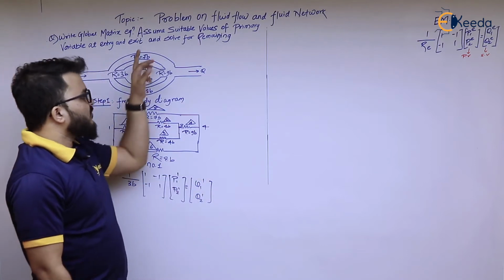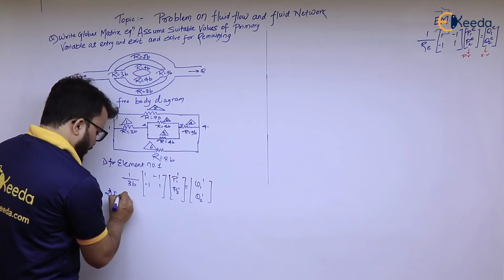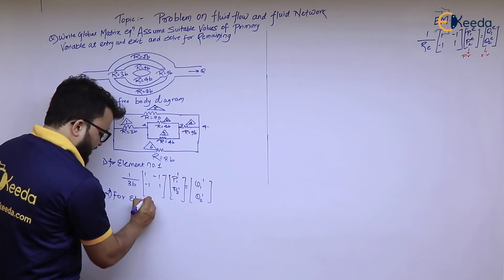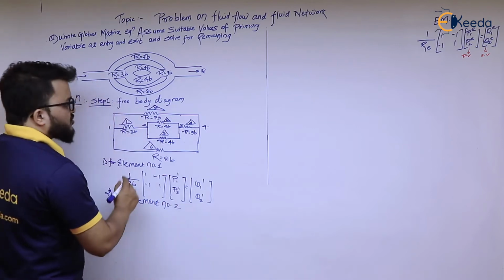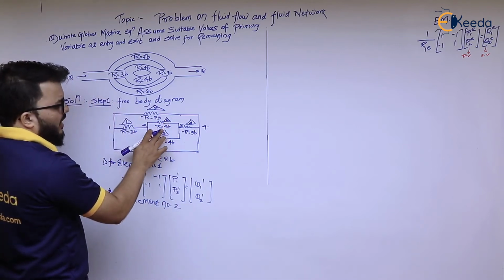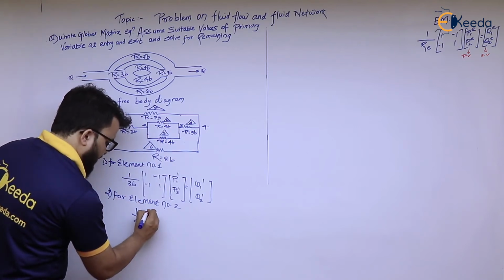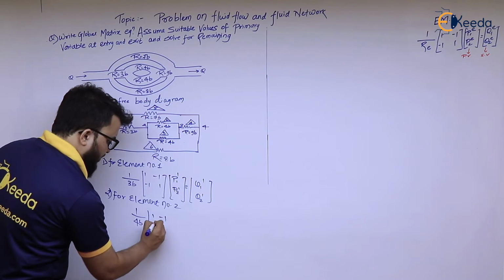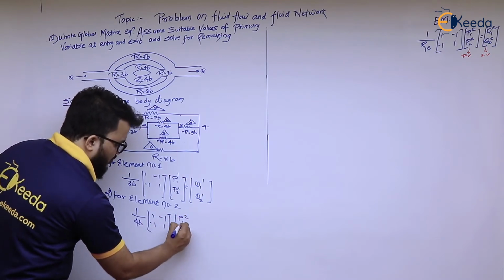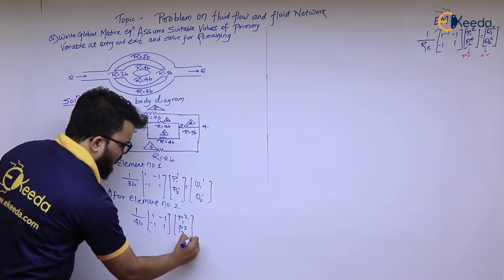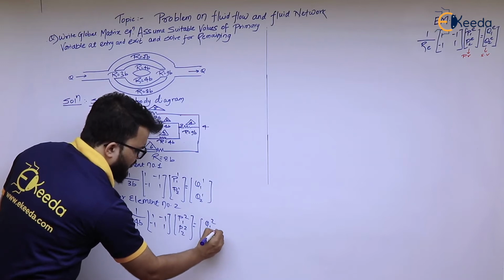Similarly, we will write for all elements. For element number 2, R is 4B, so this becomes 1 upon 4B [1 -1; -1 1] into P1 2, P2 2 equals Q1 2, Q2 2.